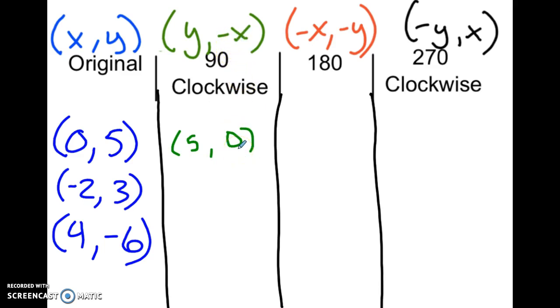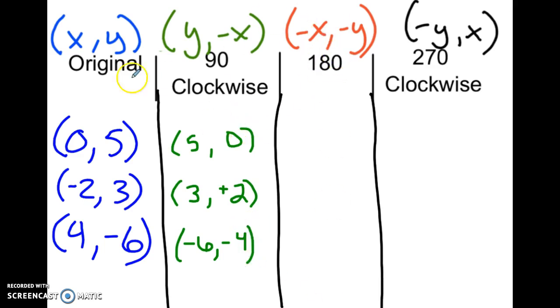Well, the opposite of 0 is still 0, so that stays. Same thing here. I'm going to flip-flop these, so 3's in front, and then -2's in back. And then I'm going to switch signs for the second piece. So instead of a -2, that's going to turn into a +2. With 4, -6, I'm going to flip-flop and switch the signs of the second thing. So instead of 4, it's going to become -4.